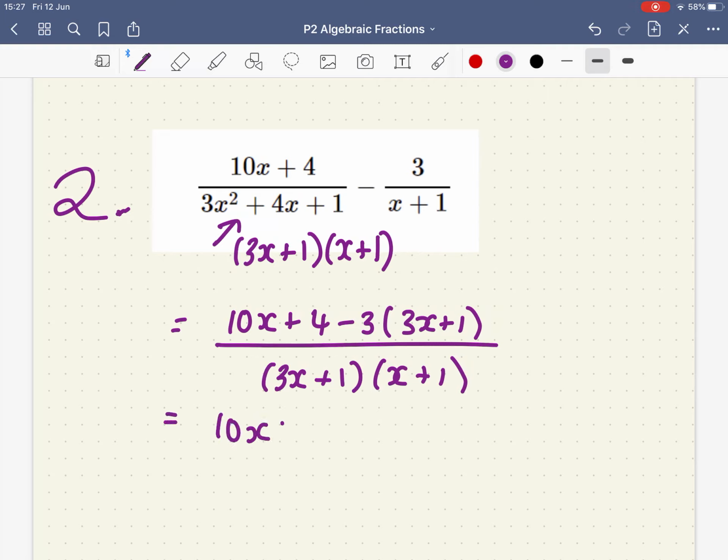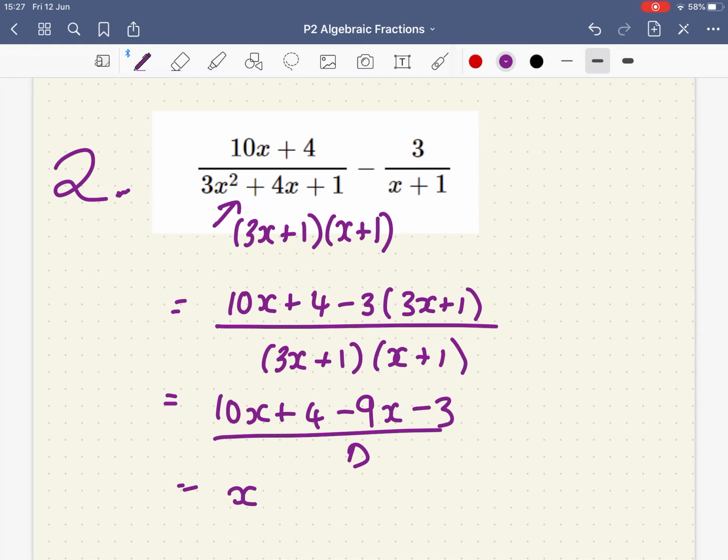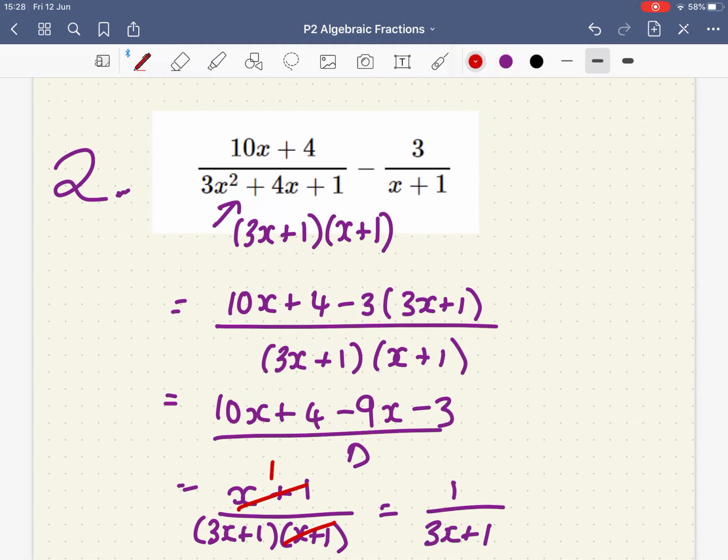So we have 10x plus 4 minus 9x minus 3, which is x plus 1 over 3x plus 1, x plus 1. Cancel, cancel. Obviously that leaves you with 1 there. 1 over 3x plus 1, which is the final answer.